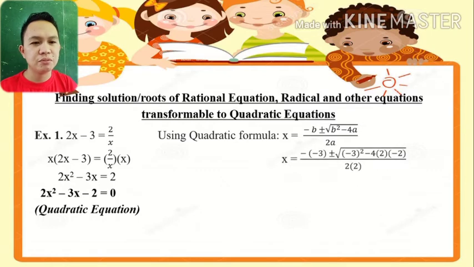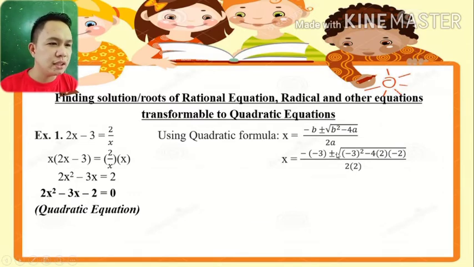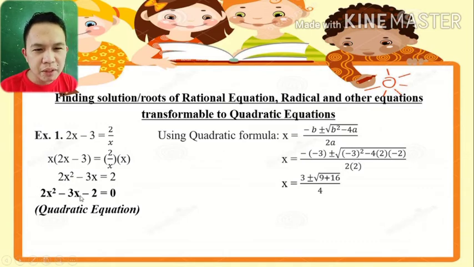So, we will have transpose all the given values. Your A is 2, your B is negative 3, your C is negative 2. So, ito na yun. Negative B plus minus square root of B squared minus 4AC all over 2A. So, we need to substitute negative times negative 3 plus minus. Baka magtanong kayo, yung mga numbers dito, kinuha dito ha, sa 2x squared minus 3x minus 2.